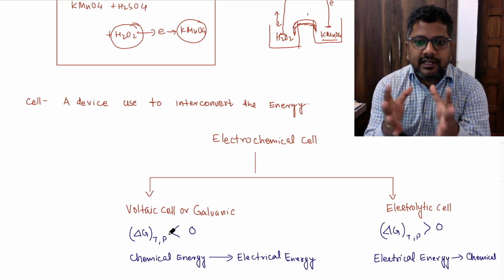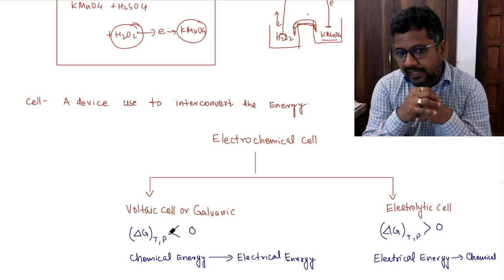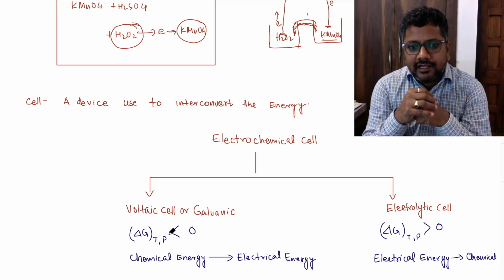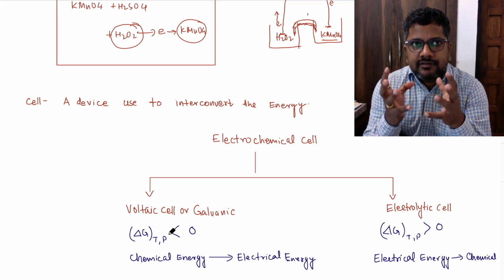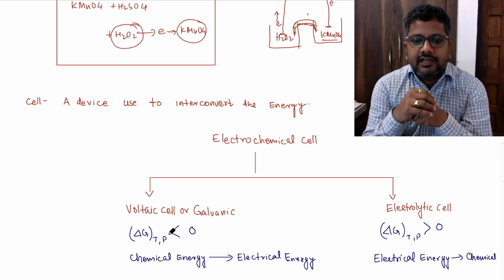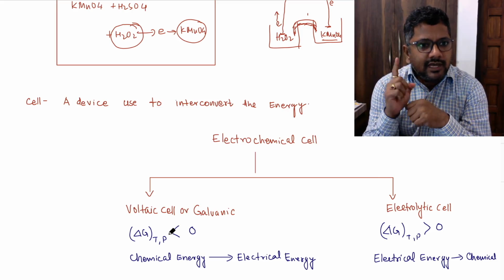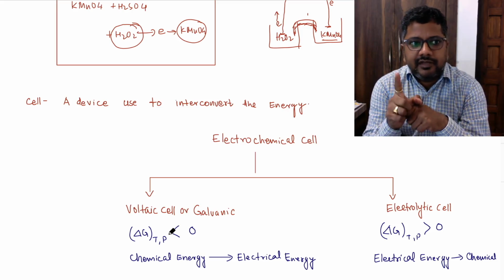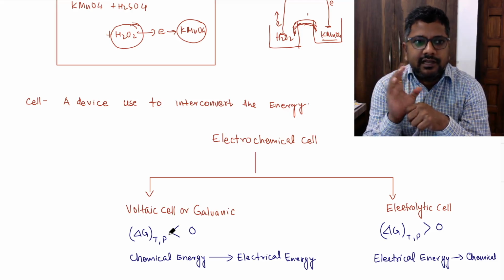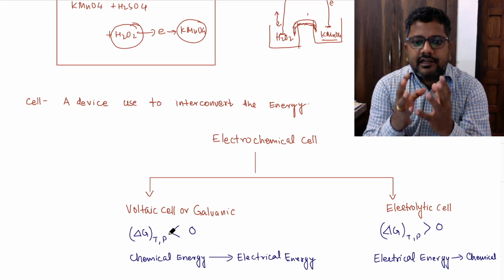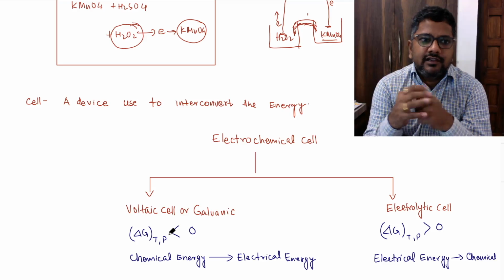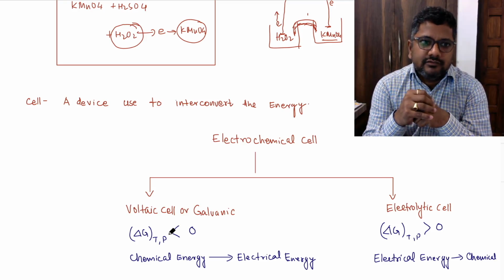Suppose that for any galvanic cell, total delta G is minus 50 kilojoule. So you can convert a maximum of 50 kilojoule of energy into electrical energy. It means whatever electrical energy you are getting is equivalent to the 50 kilojoule. That's it.